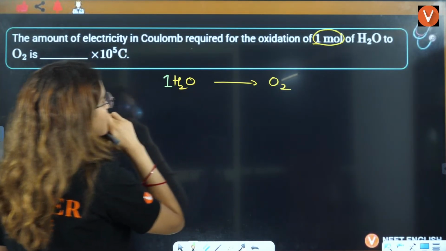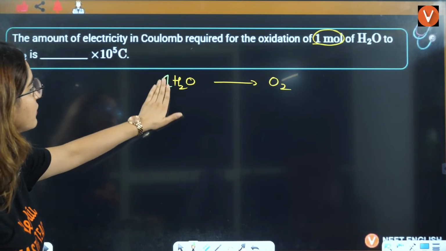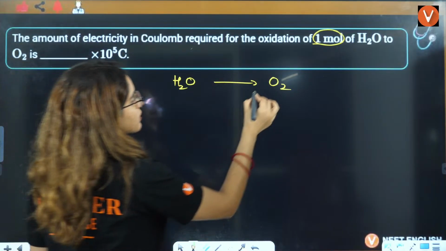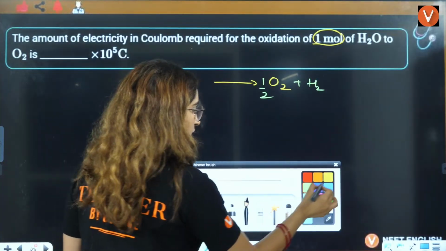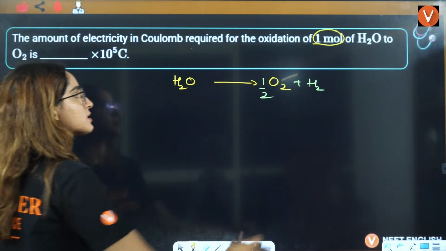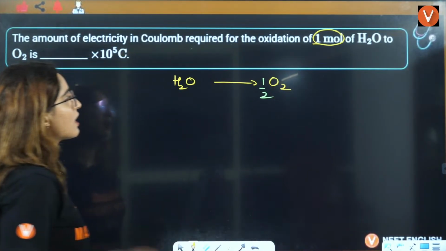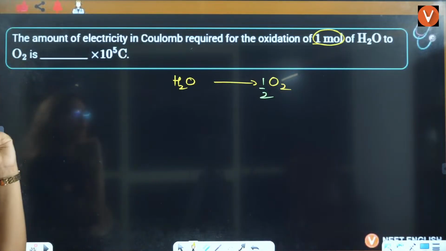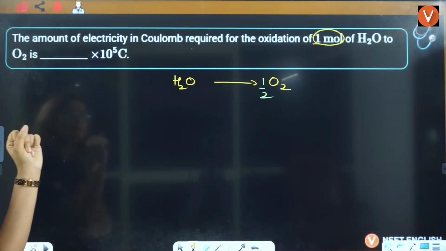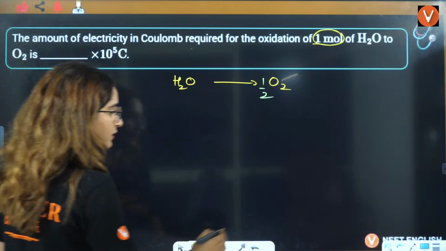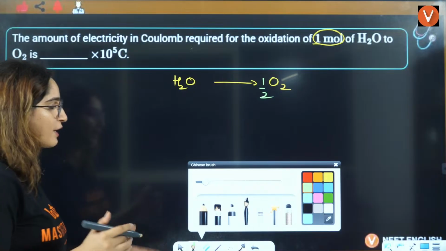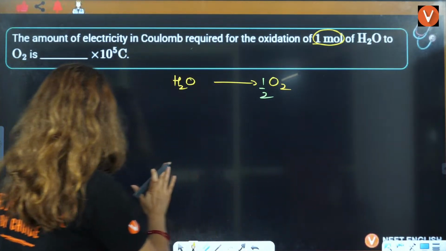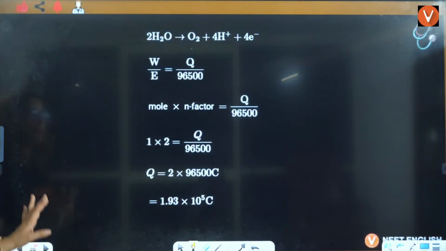Now, if this is 1 mole, this will be half and this will be H2. First, you need to find the N factor here for 1 mole. You need to balance this equation, how many electrons are gained or lost, and that will be your N factor multiplied by Faraday, right?